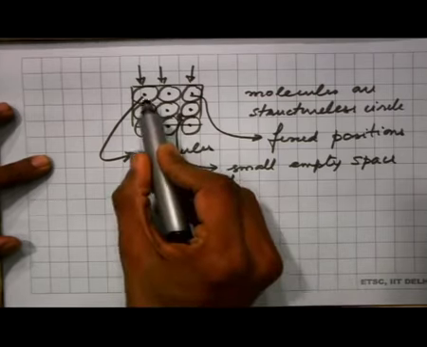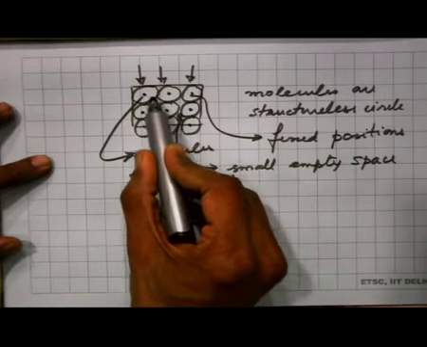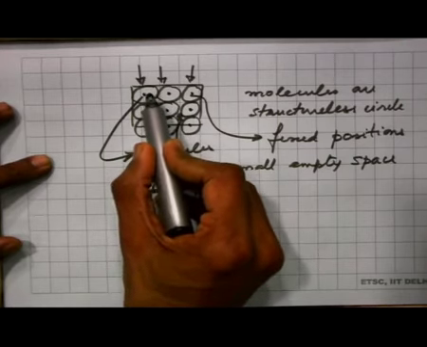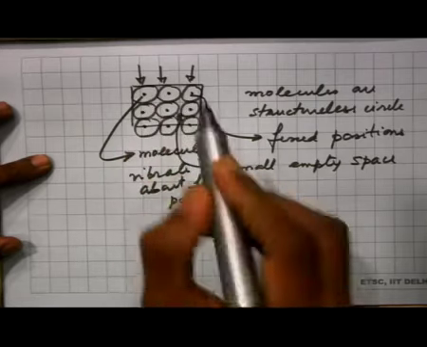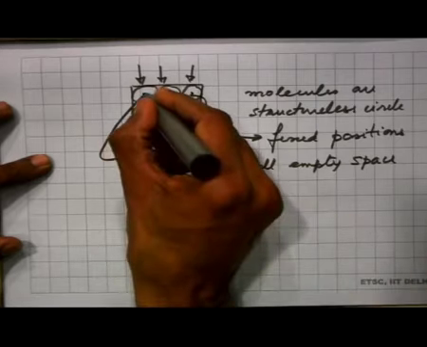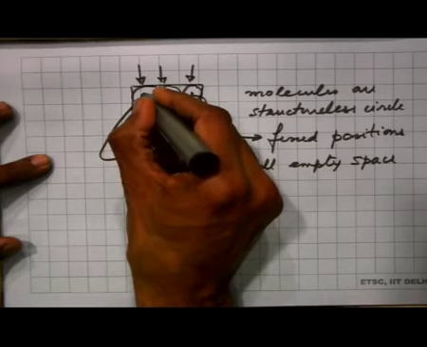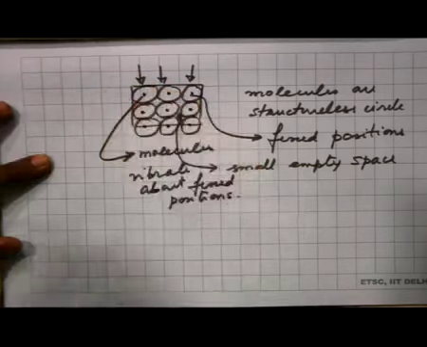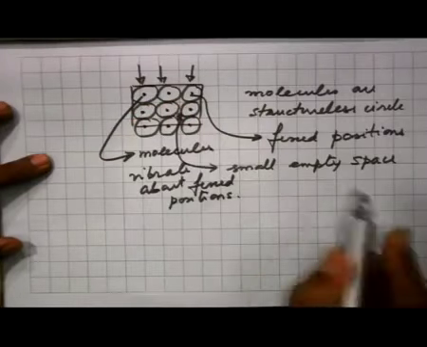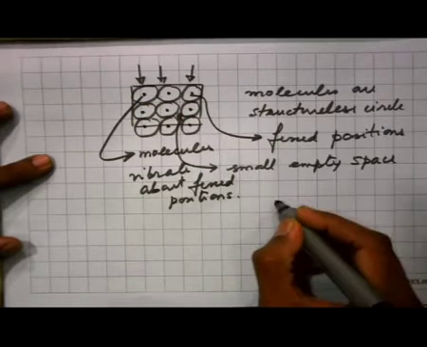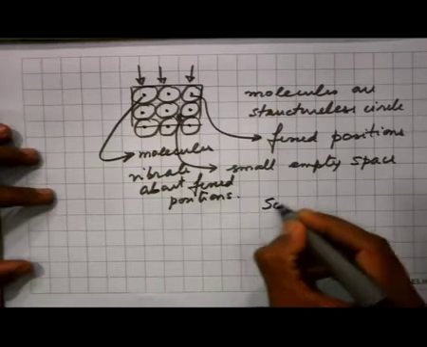Now, if you raise the temperature, then the extent of vibration of these molecules will increase. So, they will be at the same position where they were at lower temperature, but the molecule vibrates more. So, about their fixed positions they vibrate more. This is the kinetic molecular picture of a solid.